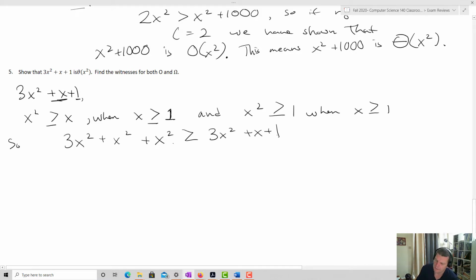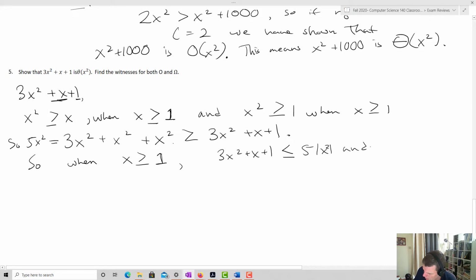So when x is greater than or equal to 1, this, by the way, is going to end up equaling 5x squared. 3x squared plus x plus 1 is less than or equal to 5x squared.